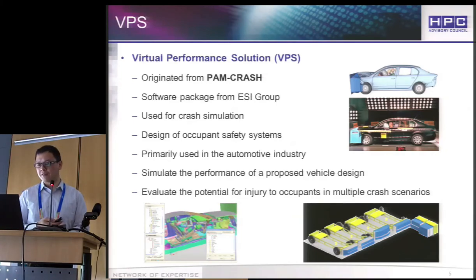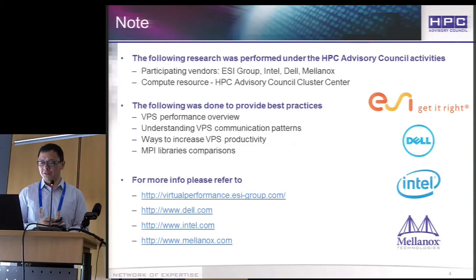It's one of the CAE applications being used in the auto industry. It has been well known for the last 20 years, so it has been around for a while. For more information, you can check out the links here.